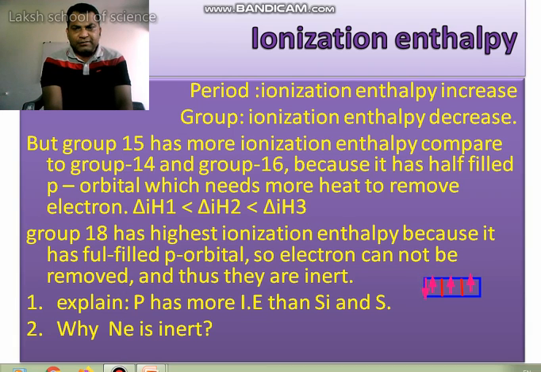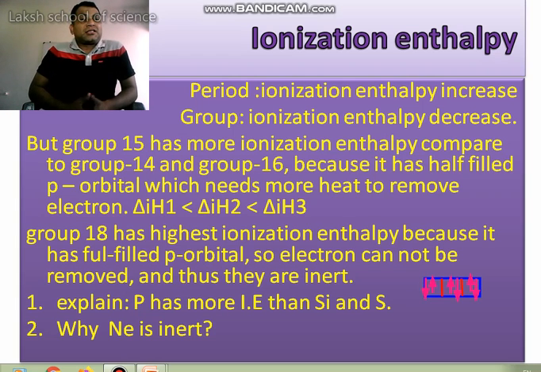Hope you understand ionization enthalpy of group 15. Now when we enter group 16, ionization enthalpy will be like this. Now the electrons are going to pair up. One electron is here, another electron is paired here, and another is paired here.